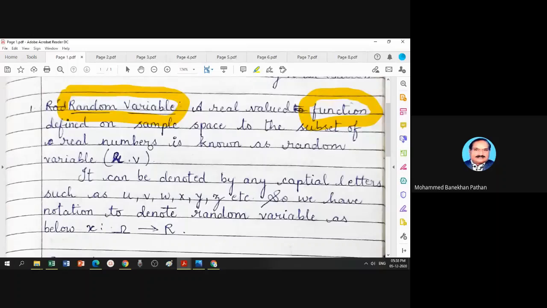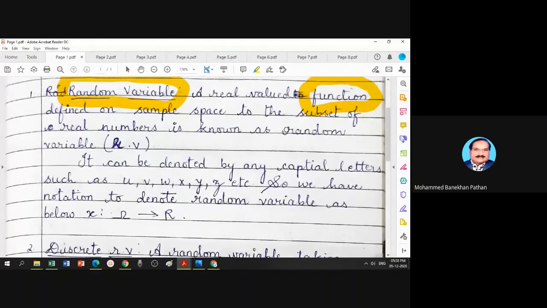It is a very simple concept if you take the knowledge of function from mathematics. So any relation defined from sample space to the set of real numbers is known as a random variable.